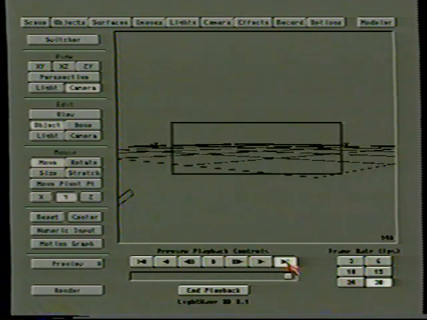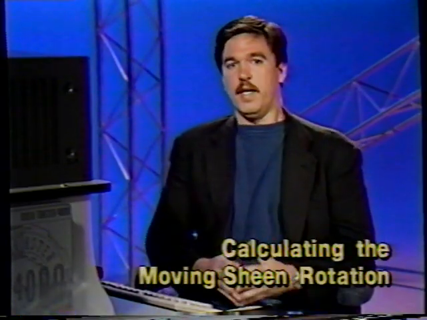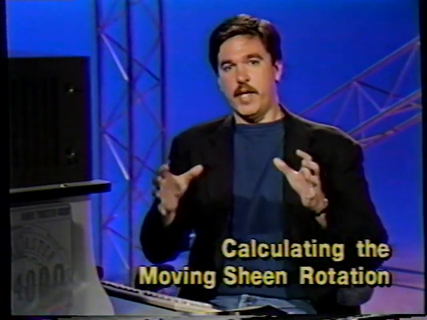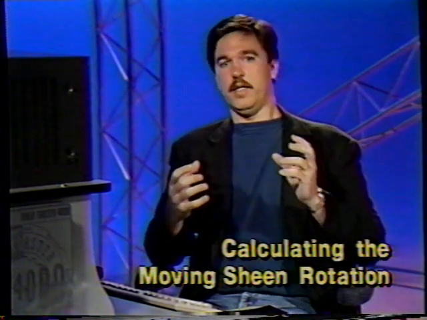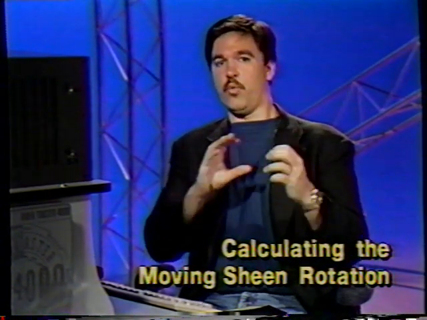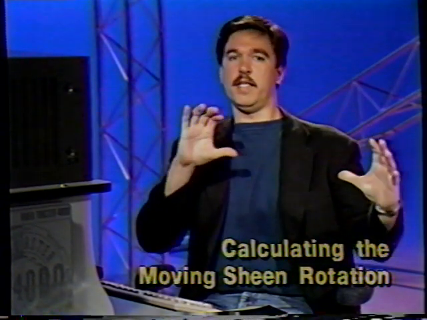There's a rule that I go by when I do this moving sheen effect, and that's to make the rotational value, the heading value of whatever's rotating, whether you're doing the lock to a null and rotating the null, or whether you're just doing the logo and rotating that.